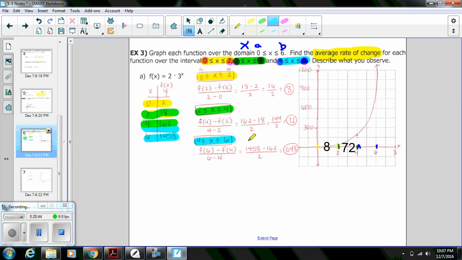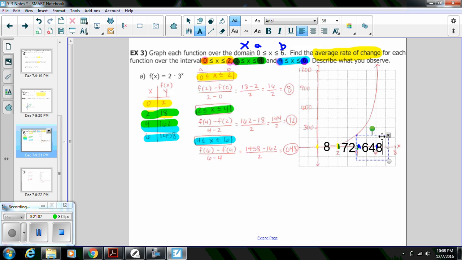So on top I have 1,458 minus 162. And in the bottom of the fraction, I have my b minus a, which is 6 minus 4, which still gives me a 2 on the bottom. Then I simplify and I get 648 as my average rate of change on my blue interval, which is from 4 to 6.